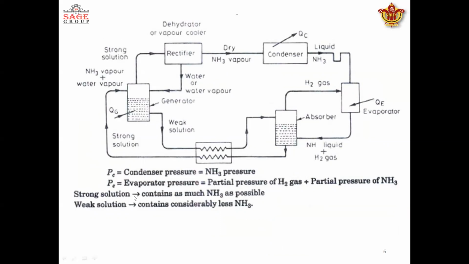And strong solution means that it contains as much ammonia as possible, and weak solution means that it contains considerably less ammonia. That is the meaning of strong solution and weak solution. And PC is the condenser pressure, that is equal to the ammonia pressure. And the rest of the cycle has been explained in the previous diagram. All the things are the same here.